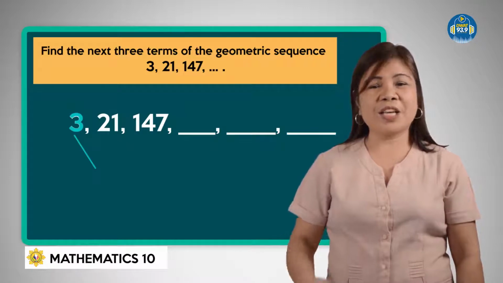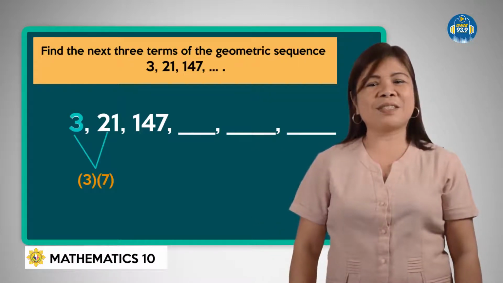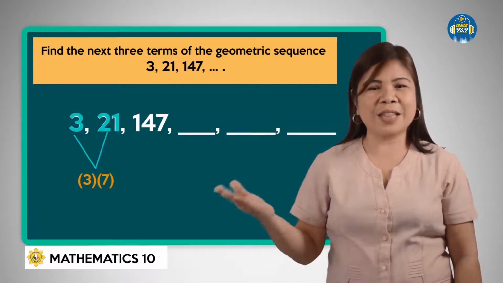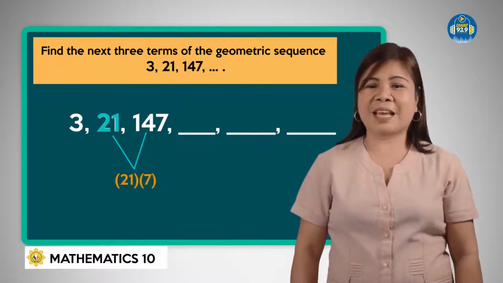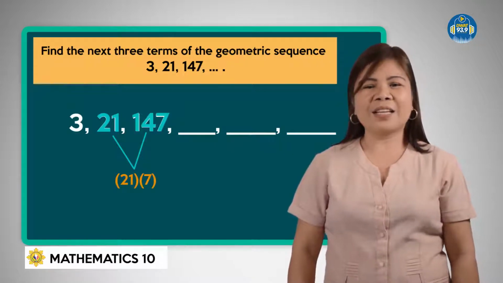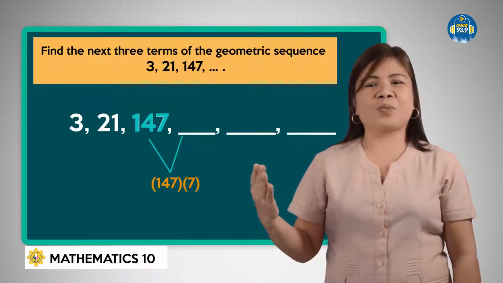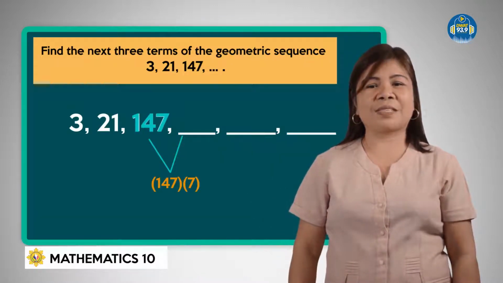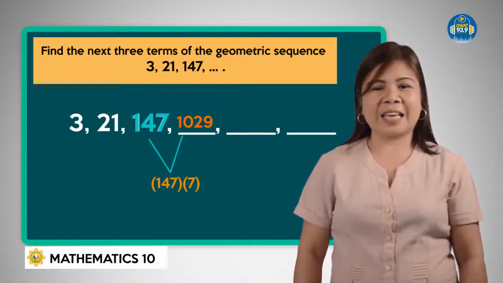A sub 1 equals 3. A sub 2 equals 3 times 7, which is equal to 21. A sub 3 equals 21 times 7 equals 147. A sub 4 equals 147 times 7, which is equal to 1,029.